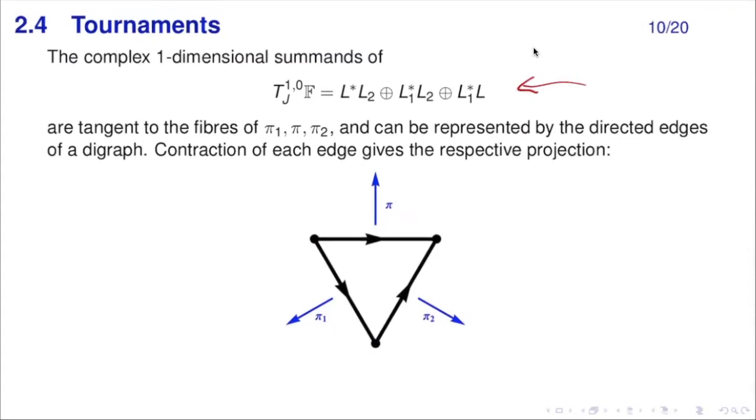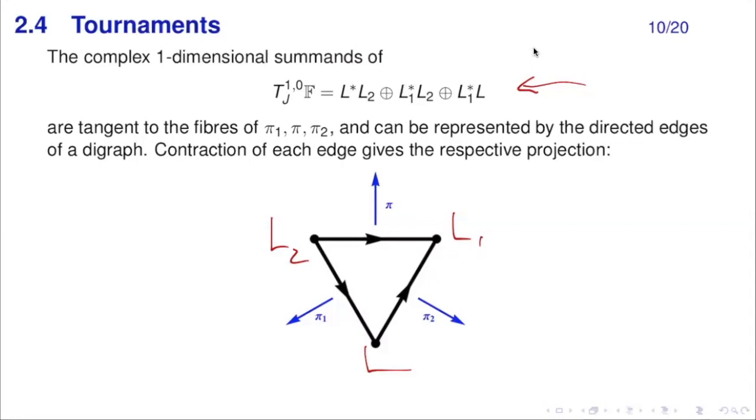The vertices of this triangle correspond to the three lines L1, L2, L or L0, and the edges correspond to the subspaces of the tangent space. So my choice here, L star L2, I've got the arrows actually all the wrong way around here.